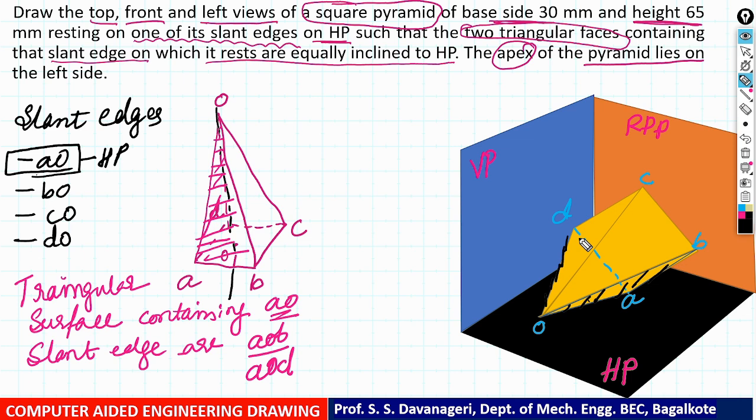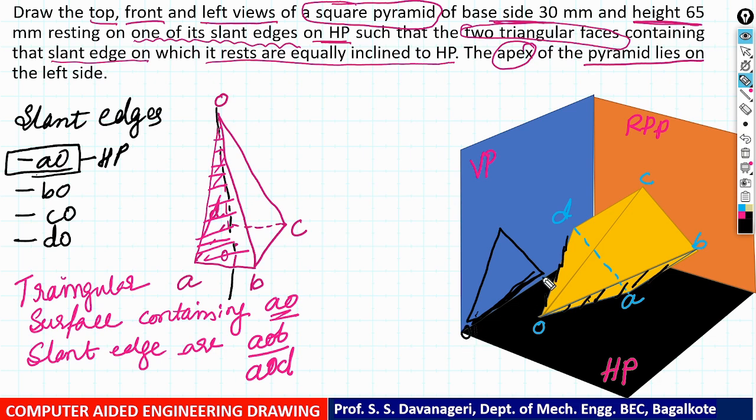Now if you go for the projection of this view, that is the front view. The slant edge is going to lie on the XY line. Let us mark O dash.